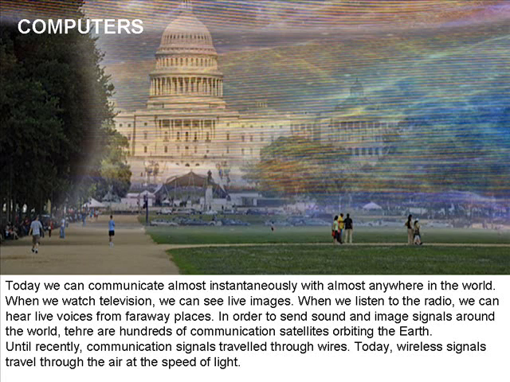In order to send sound and image signals around the world, there are hundreds of communication satellites orbiting the Earth. Until recently, communication signals traveled through wires. Today, wireless signals travel through the air at the speed of light.